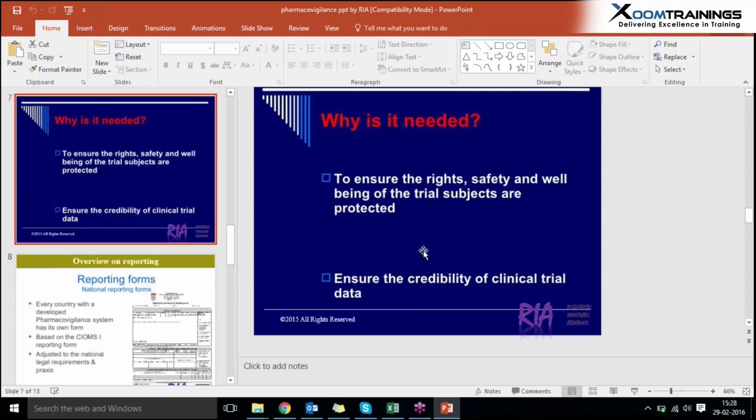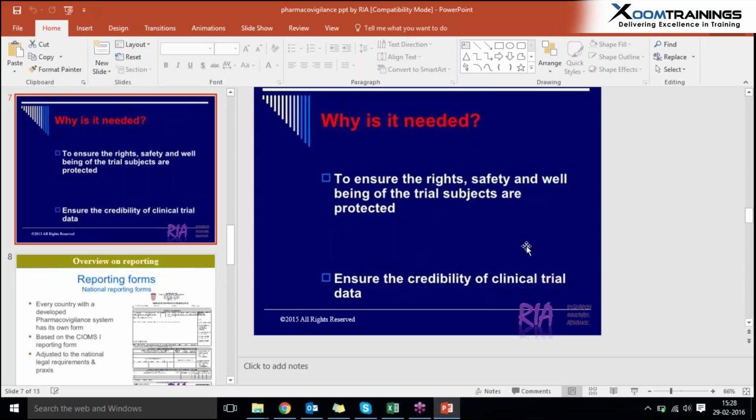Why is pharmacovigilance needed? Whenever you are conducting clinical trials, they are related to human health. Whenever a person participates in a clinical trial, he will have some rights. The safety of the person who is participating is also an important thing, and well-being also.